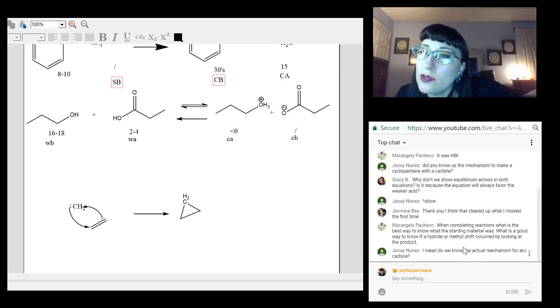Marangeli, when completing reactions, what is the best way to know what the starting material was? And then what is a good way to know if a hydride or methyl shift? So we haven't actually covered any methyl shifts. They're not in your book, so I just don't go over them at all. All we did was the 1,2 hydride shift.